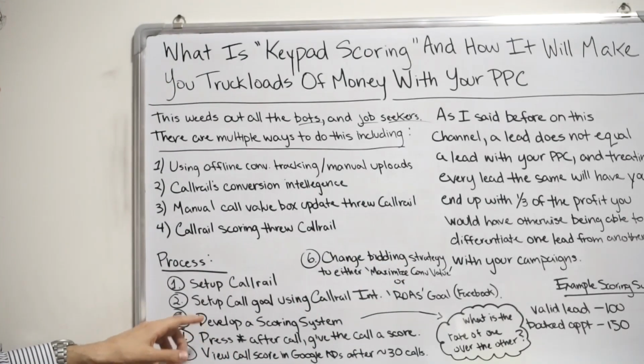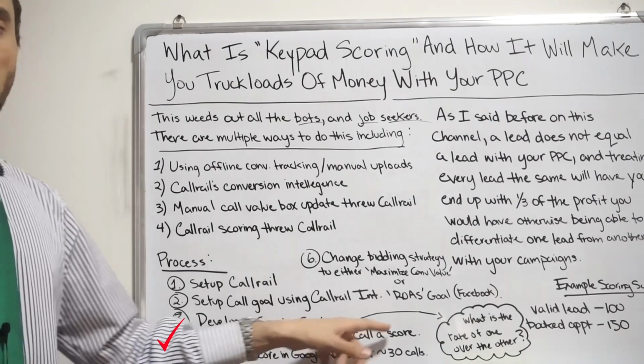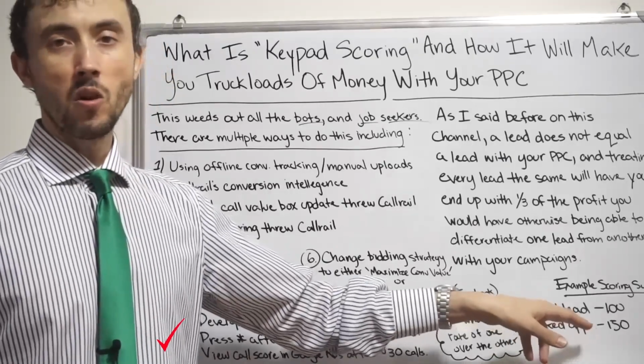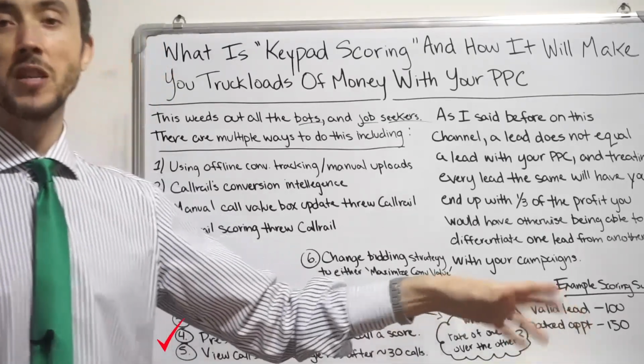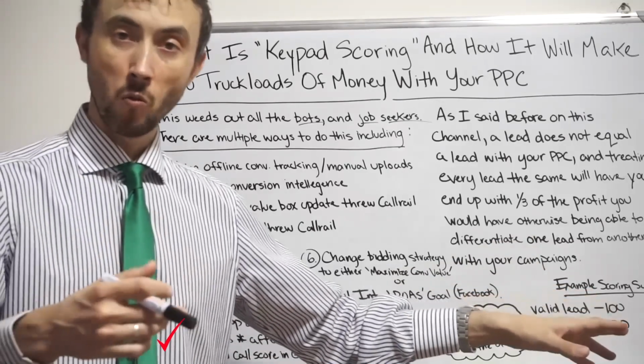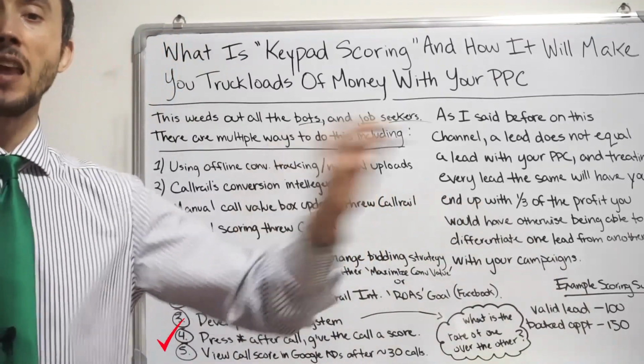So once your staff has a scoring system, after each call they're going to press the star key, like I was telling you how to do, and then they're going to give the call a score. Either all calls get one score, or they get a different score based upon the category of call that came in.